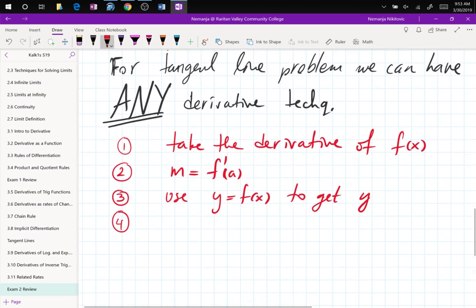Number four, use y equals mx plus b to get b, because you have the rest, right? The x is given to you. You calculate y if it's not given to you, and you calculated m using the derivative. So you calculated 3 out of 4, you just need b. And then number 5, win, which means you just write the tangent line.